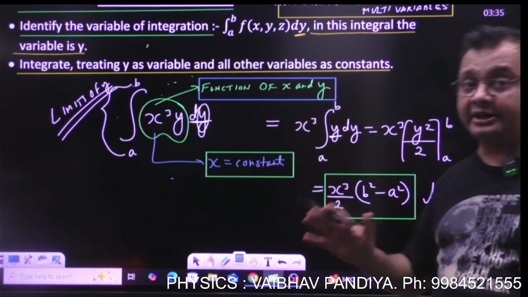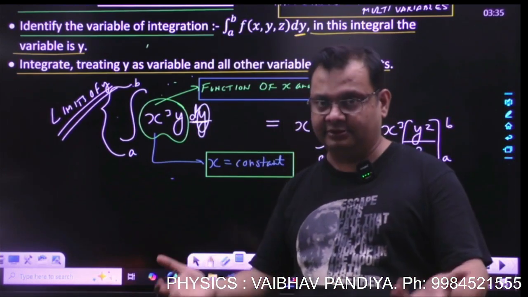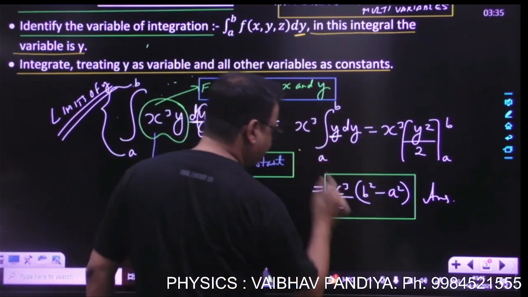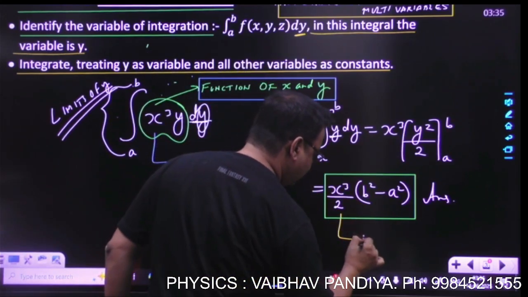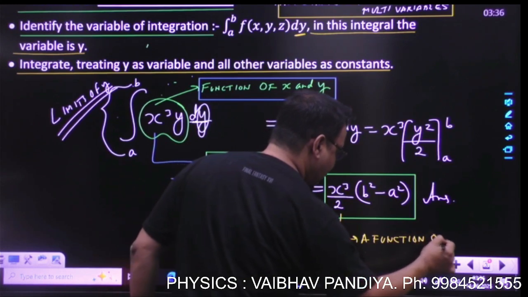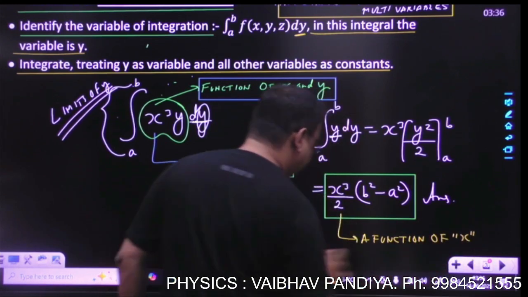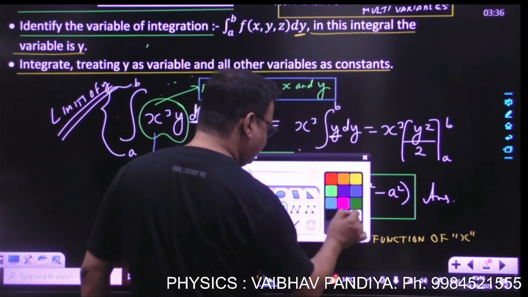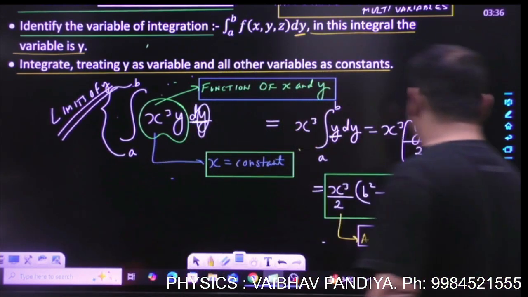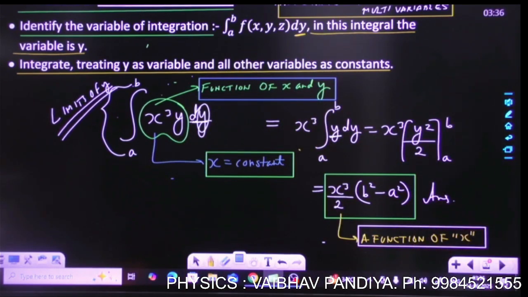Of course, so finally you are getting a function of x. Can you see? When you are integrating with respect to y, finally you are getting a function of x because y has definite limits. So it will give you some particular value and what is left is a function of x.